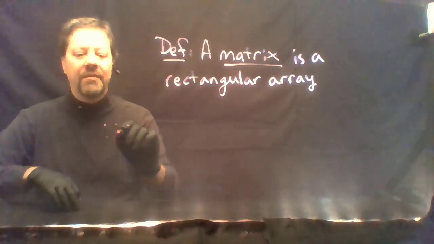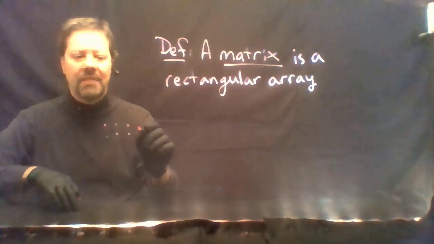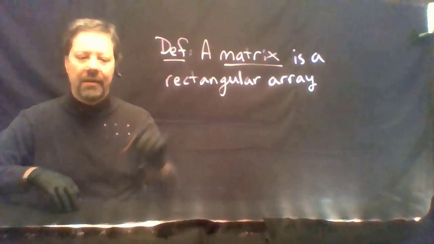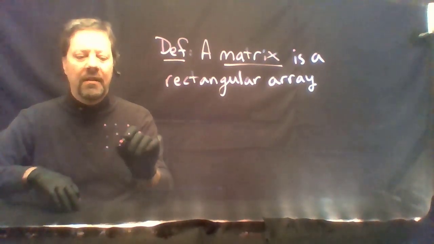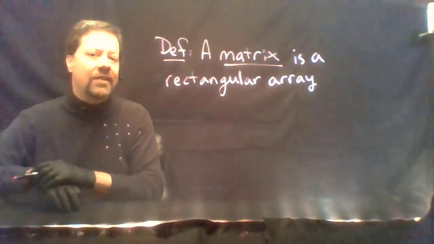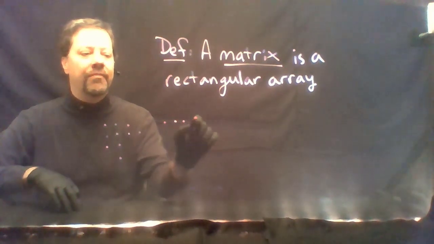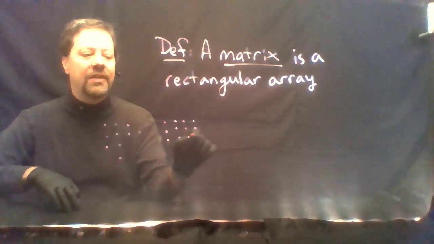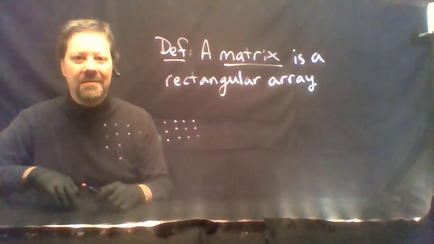Notice we have not really assumed that the things that are filling the array are numbers. Arrays don't have to have the same number of elements in each row or in each column. If it is a rectangular array with the same number of elements in each row and each column, then it's a matrix.